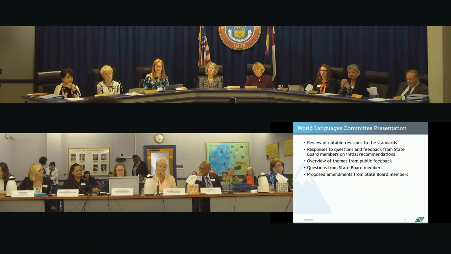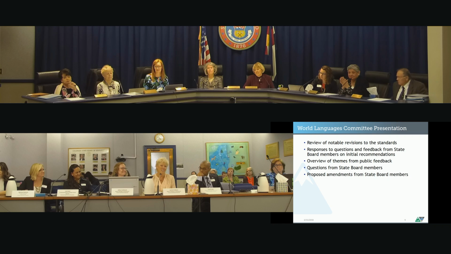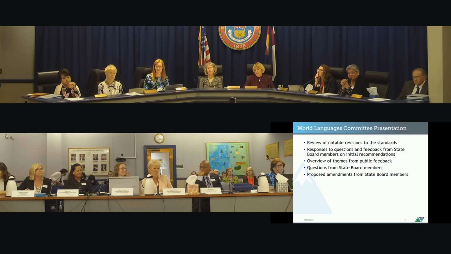And we are definitely seeing strength right here in Colorado. We have a really strong pull for attending the state conference, and almost all the sessions are dealing with how to use the target language in the classroom. So it's growing.